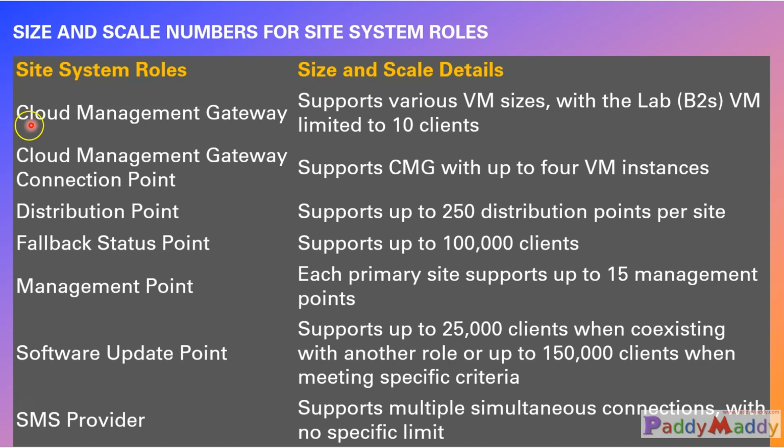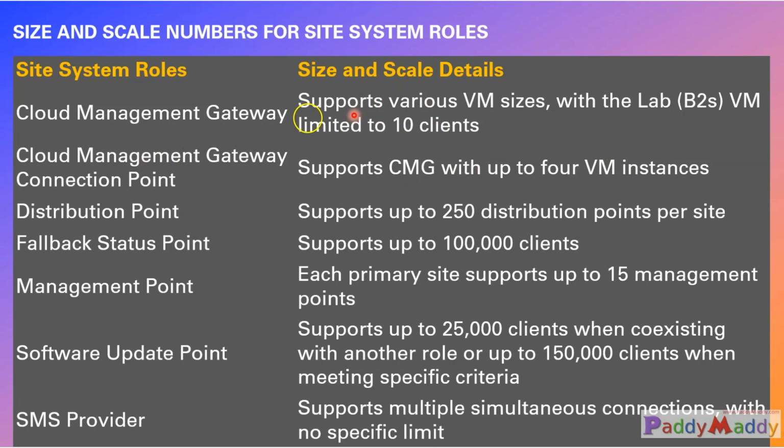If you look at the cloud management gateway, or CMG, it supports various VM sizes that are available, but in a lab we would recommend B2S, which is very low in spec. This can support 10 clients. Based on this calculation, you can consider how many clients you want to serve. If you have hundreds or thousands of clients, you might have to use the CMG in a VM instance that supports more and more clients.